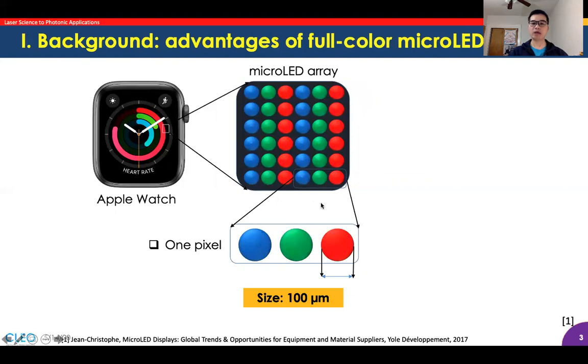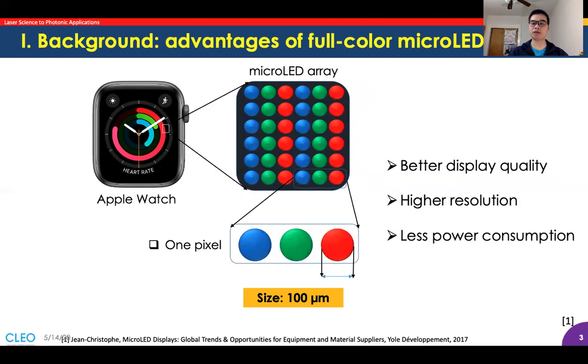As we well know, red, green, blue are the primary colors of light. Any other color is some combination of these three. So one pixel is a set of three red, green, blue micro LEDs, and the size of each micro LED is 100 microns or smaller.